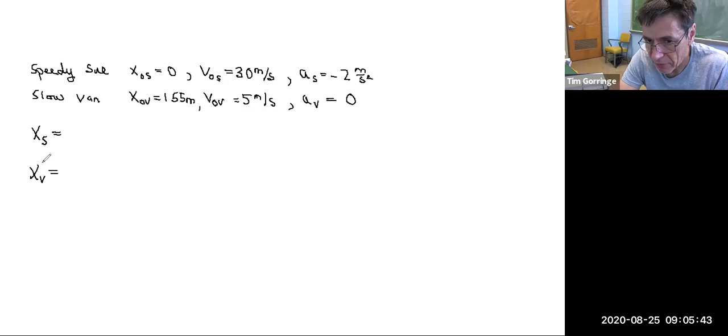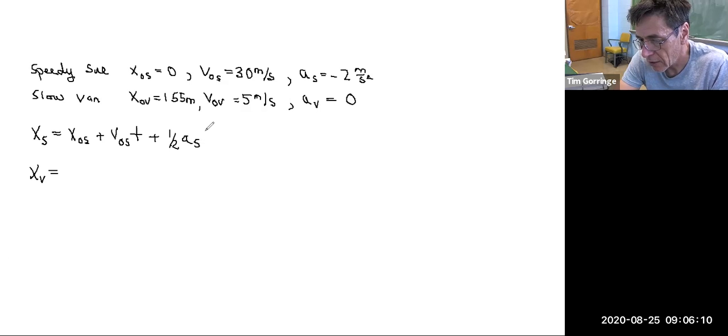So let me write down first the equation for Speedy Sue. It's an equation of motion that the position at some later time is equal to the initial position plus the initial velocity times the time interval plus 1/2 of the acceleration times the square of the time.